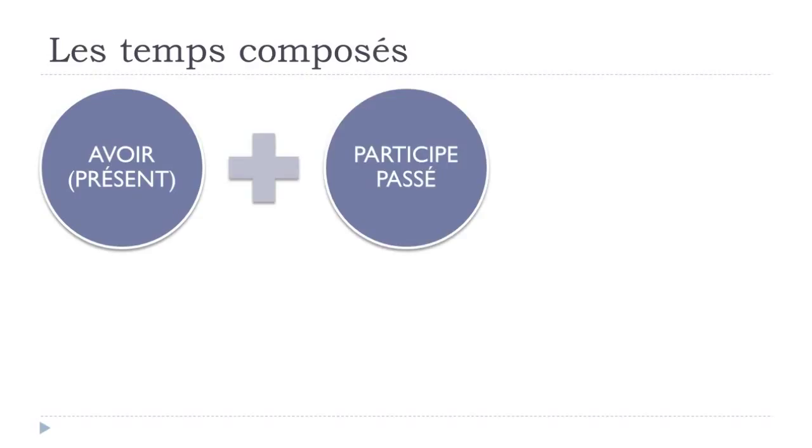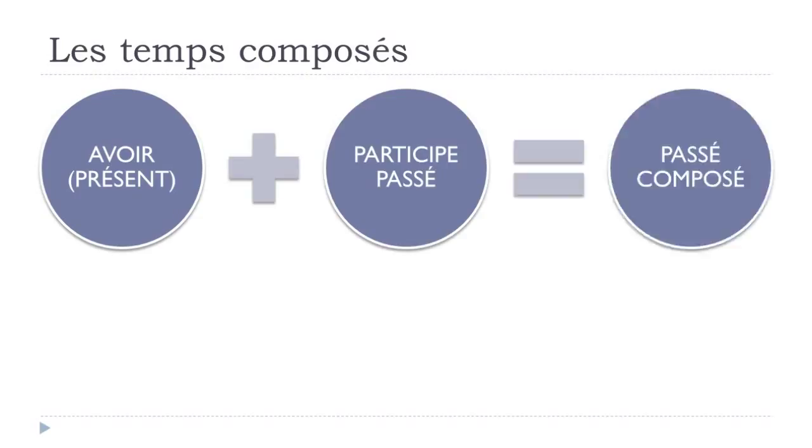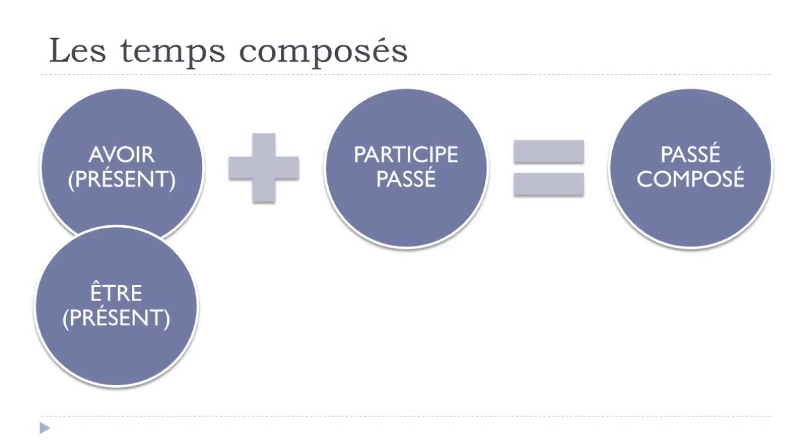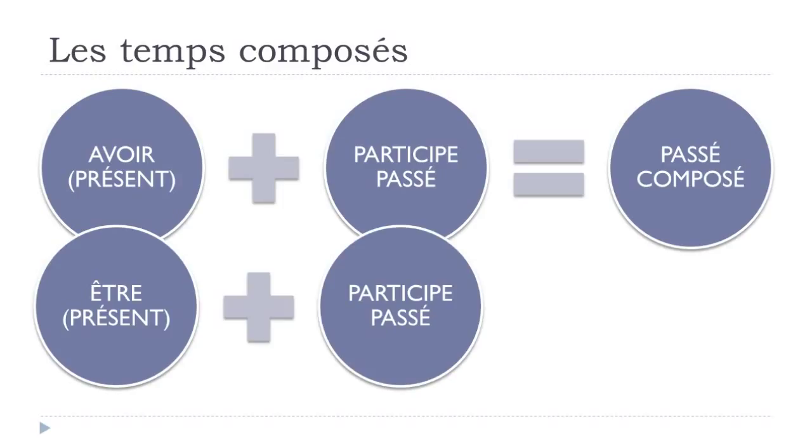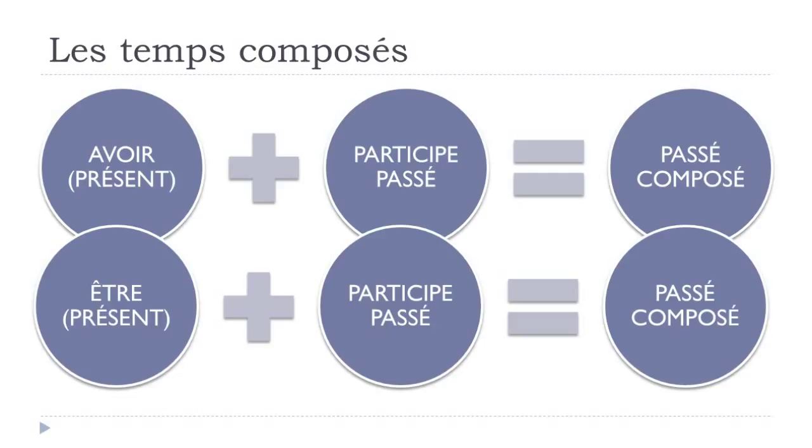Then you put your participe passé form and you will get this passé composé. Okay? Remember that in some cases, exceptions or reflexive verbs, you know, these se verbs, you will have to use être, also in the present tense, plus le participe passé, and you will get this passé composé.